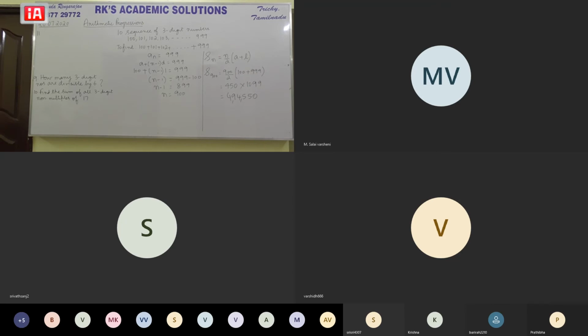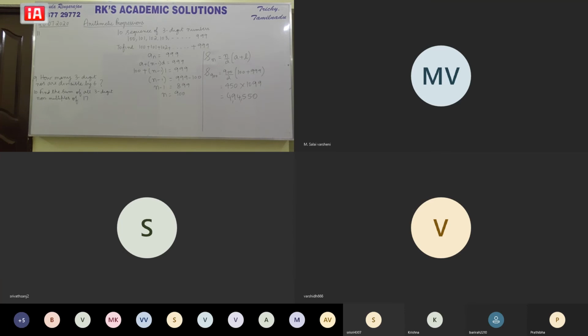So the first term is 100, the last term is 999. Since you know the last term, we'll use this formula. And that gives you 4,94,500. Now next what? We need to find the sum of all the multiples of 17. All the 3-digit multiples of 17. We need to find the sum of all the 3-digit multiples of 17.